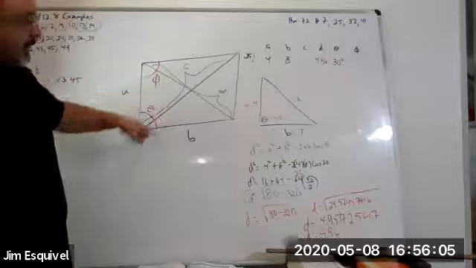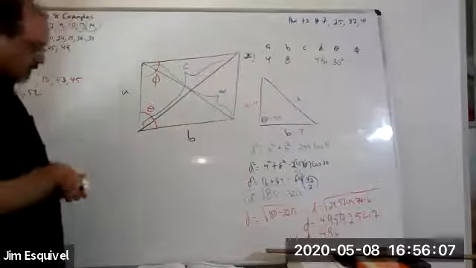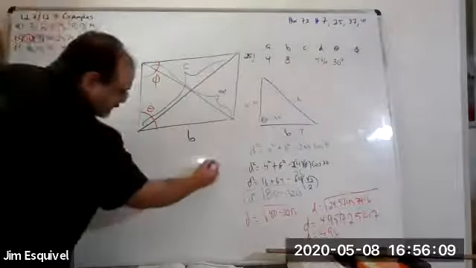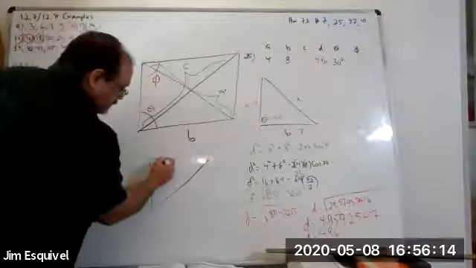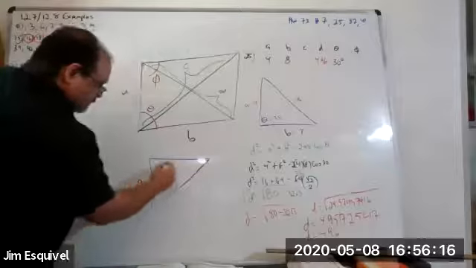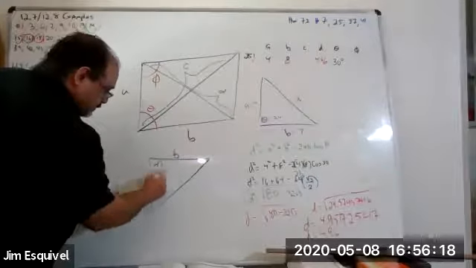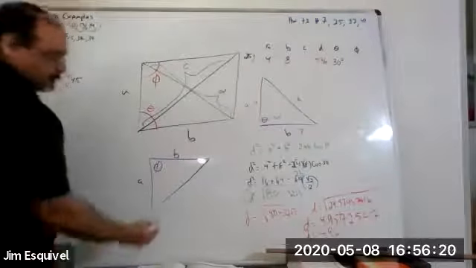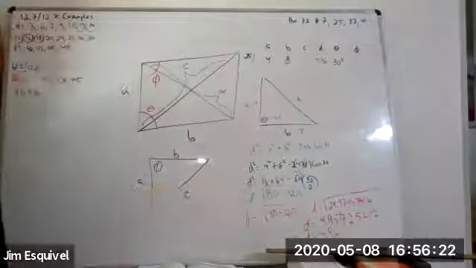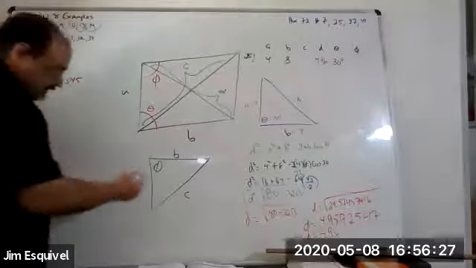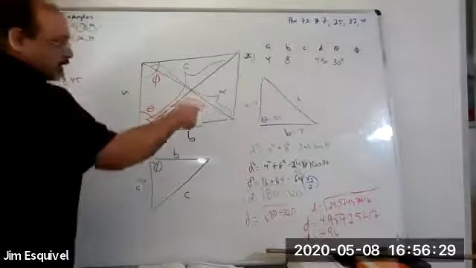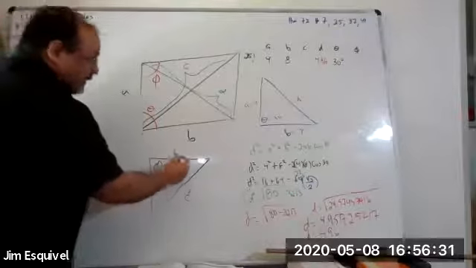If I want to find C, this is the triangle C is a part of. Now, the real good news, I do know what A is. A is still 4. B is still an 8.